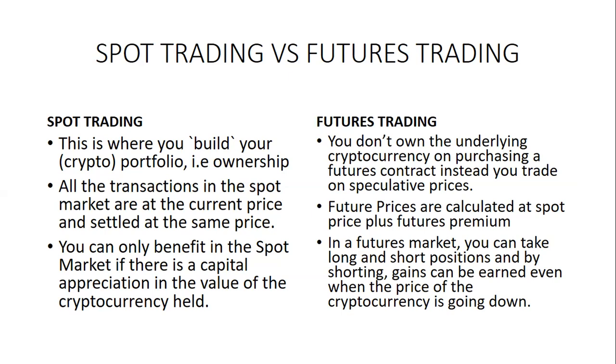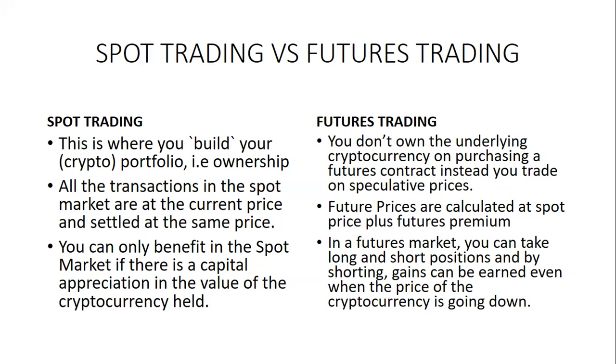Now, futures trading. Here you don't own the underlying cryptocurrency; you purchase a futures contract. Instead, you trade on speculative prices. It's just like leverage, just like the MT4, MT5 that we do.